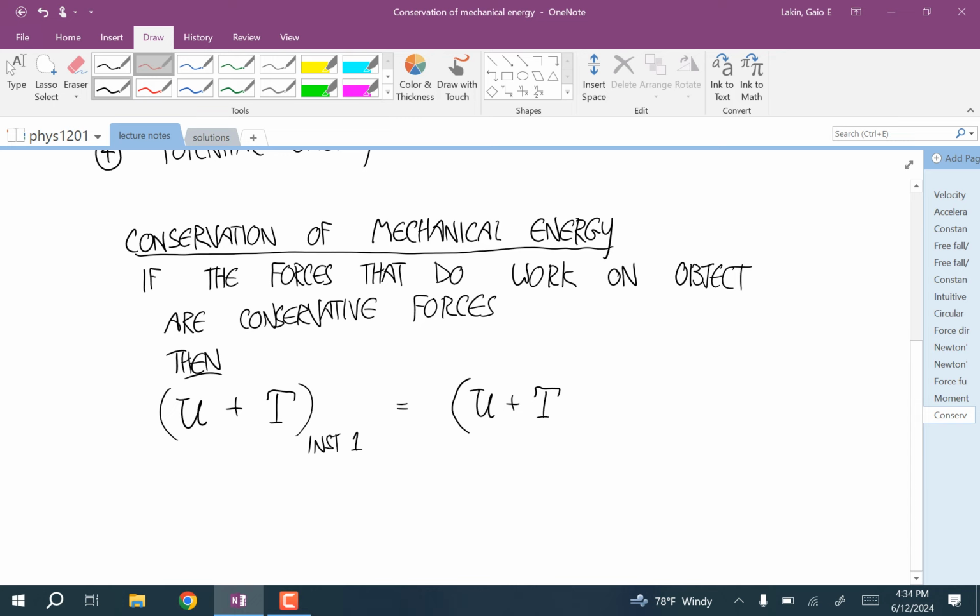Okay, so there's the big equation that we're going to use.